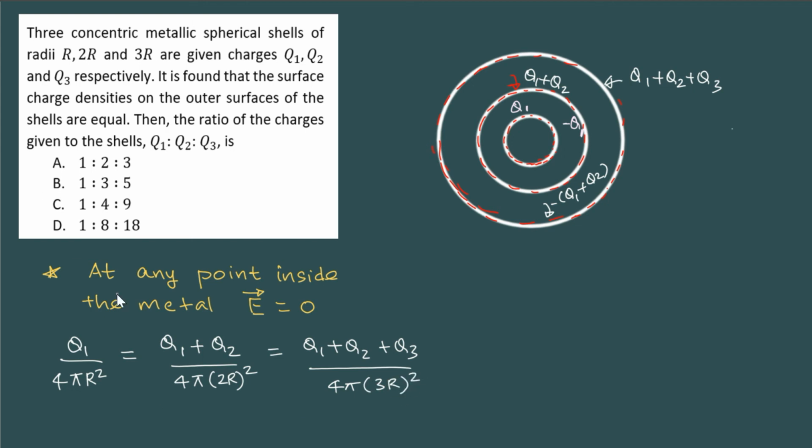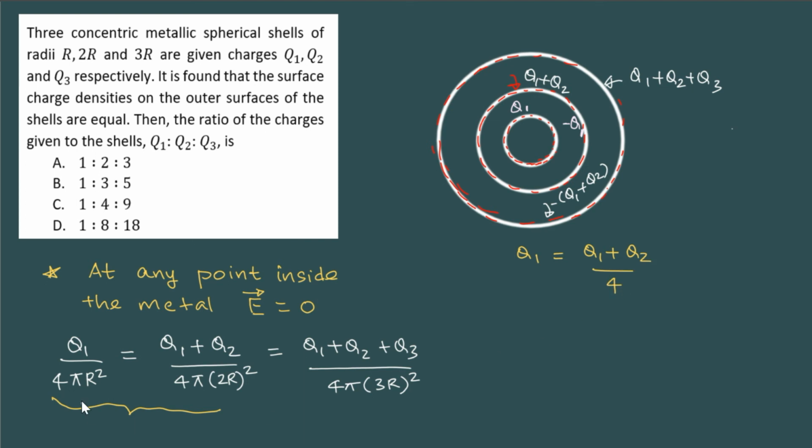Now let us consider only the first two terms. The denominator of the second term is 4 pi r square into 4, so I can cancel the 4 pi r square on either side. So Q1 is equal to Q1 plus Q2 by 4.